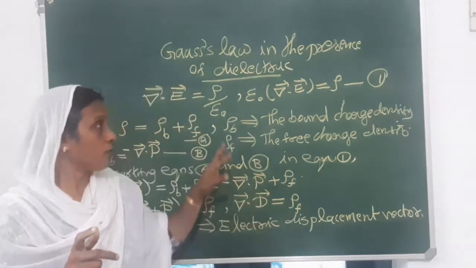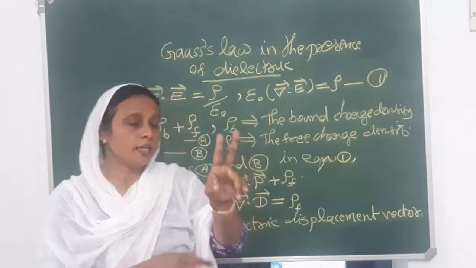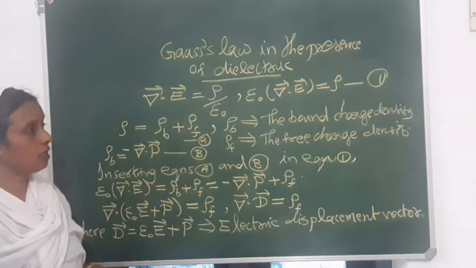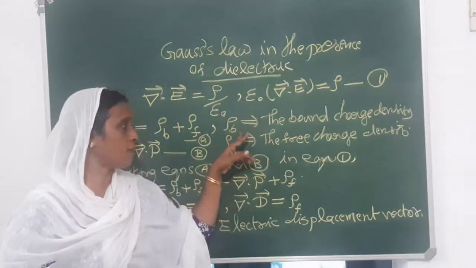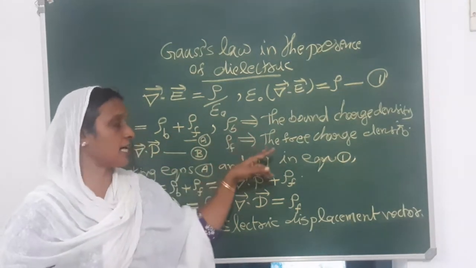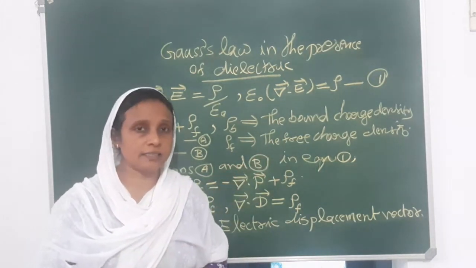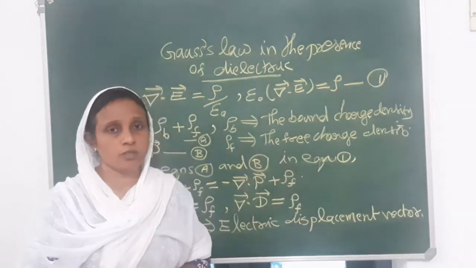So the charge density can be written as sum of two terms, the bound charge density plus free charge density. Bound charge density is due to polarization, whereas the free charge density is due to the free charge carriers. It can be electrons or ions.